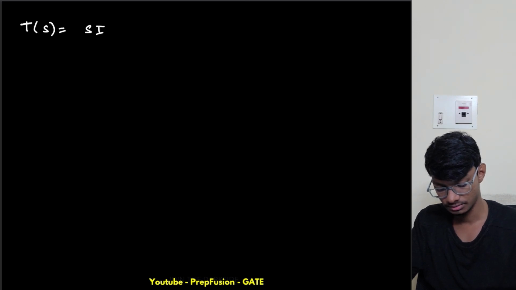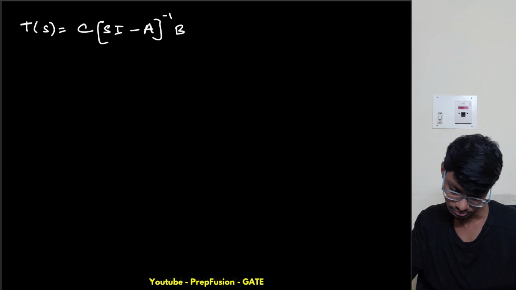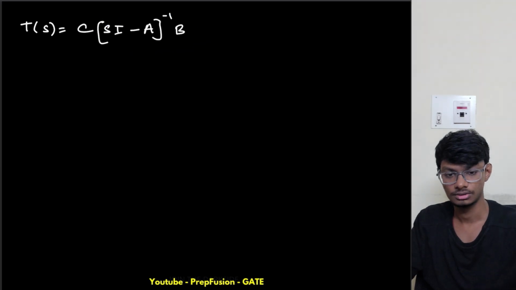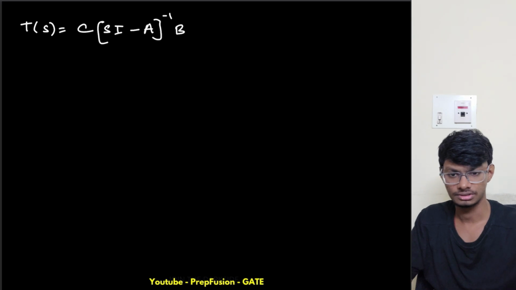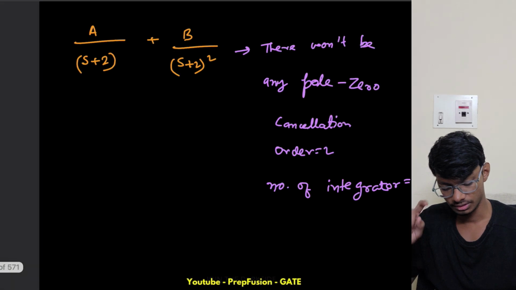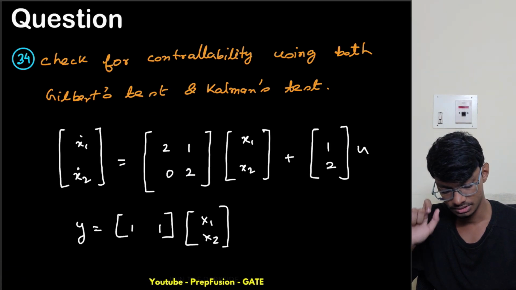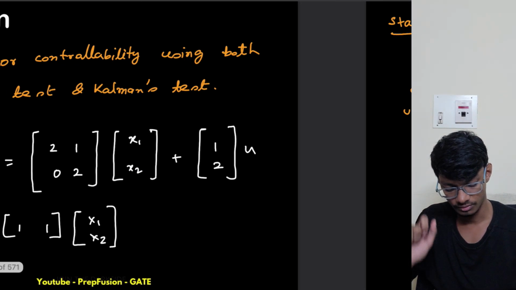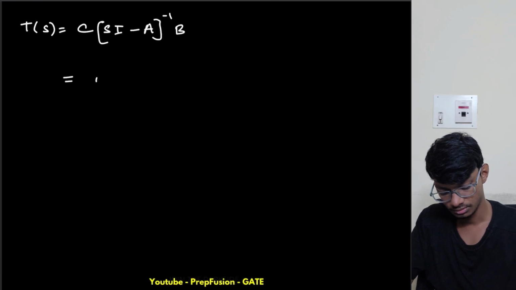is C (sI minus A) inverse B, okay, and we have a C in front, right? So what is the value of C? C is 1 comma 1, right? C is 1 comma 1, and this is some value.